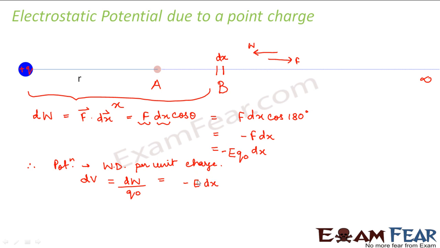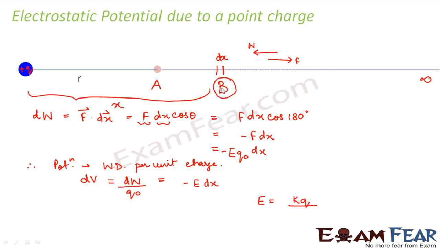So what is this E? This E is nothing but the value of electric field at point B, because right now we are calculating everything at point B, right? We are calculating for only this much small distance. So this is the value of electric field at this point B. So what will be the value of this electric field? According to definition of electric field, it will be KQ divided by R square.